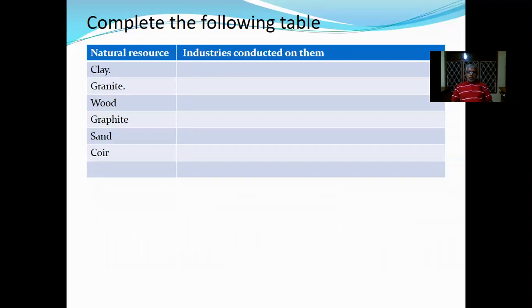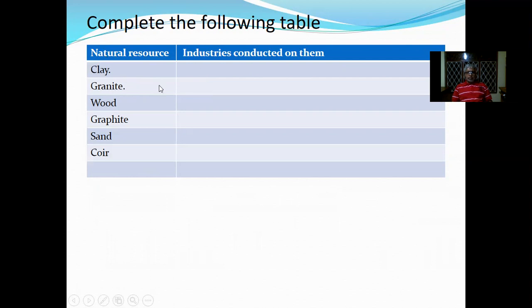Then again the small table is given. The natural resource, or another term is raw material, on the other side, what are the industries conducted on them? For example, clay. You can write brick making, tile, pottery, like that. Several industries can be written over there.